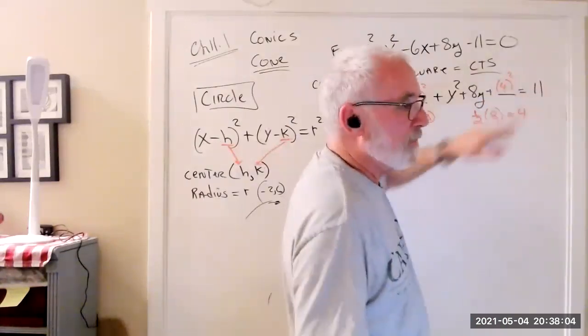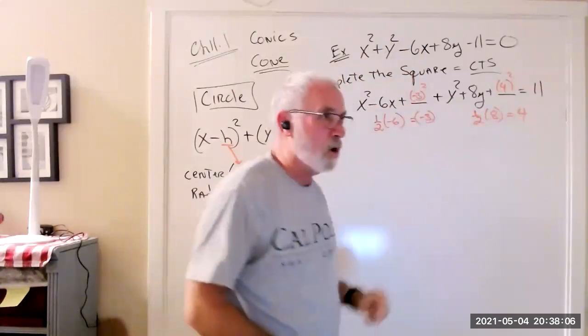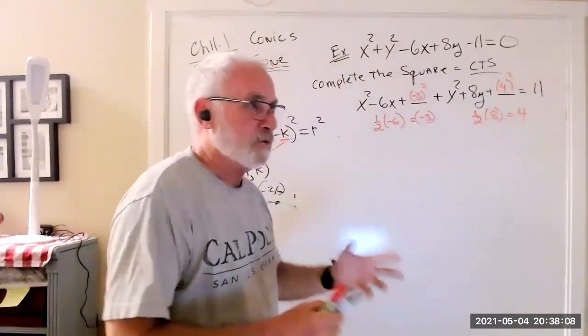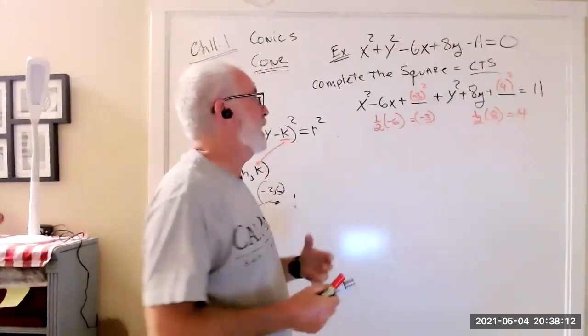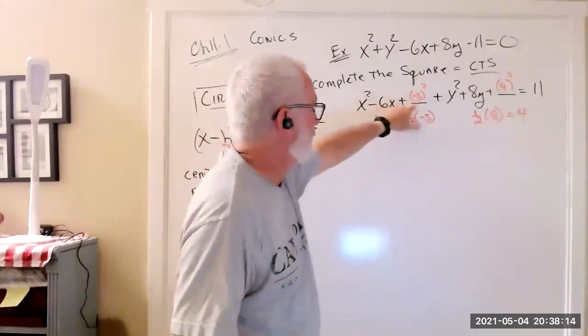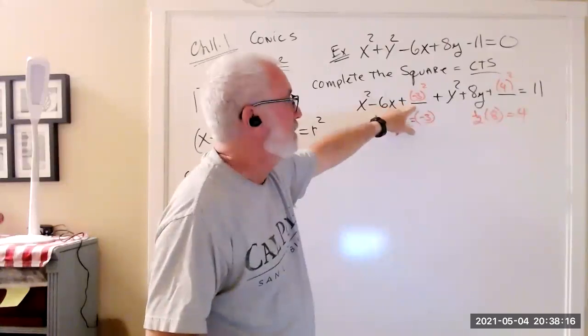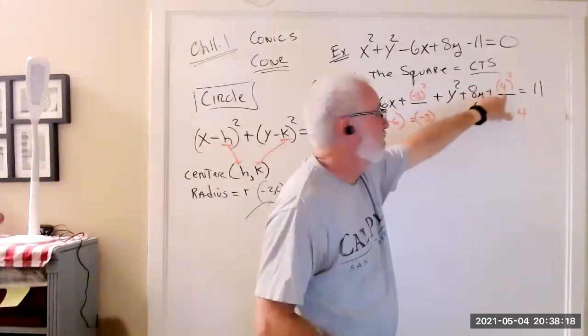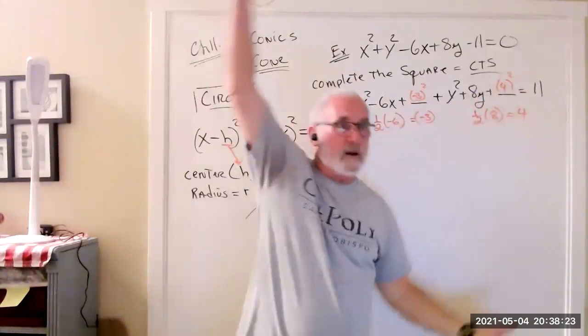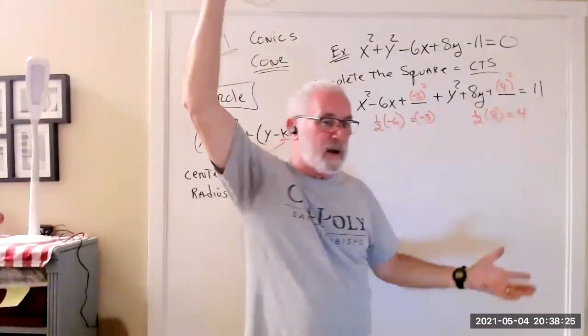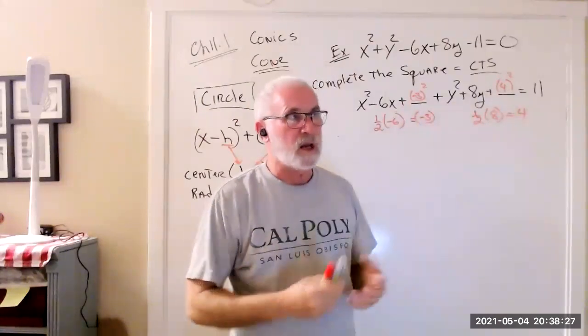But if you stop here, you're really wrong, because you've just violated a fundamental rule of algebra. And that is, I've added 9 to the left side and 16 to the left side. So I just added like 25 to the left side. I've made my problem really unbalanced.